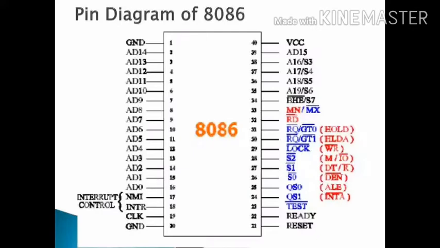Minimum mode is when you are using it as a single processor, and if you are using multiple processors, then you can use the maximum mode.